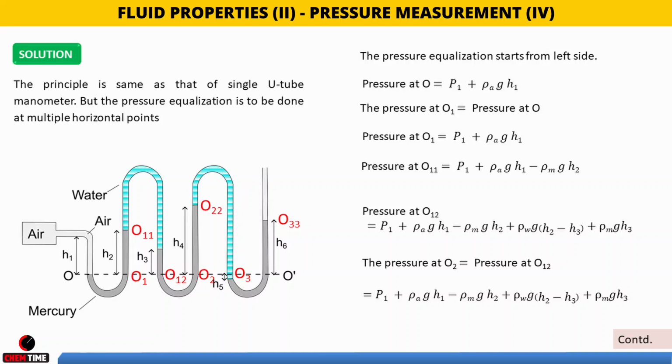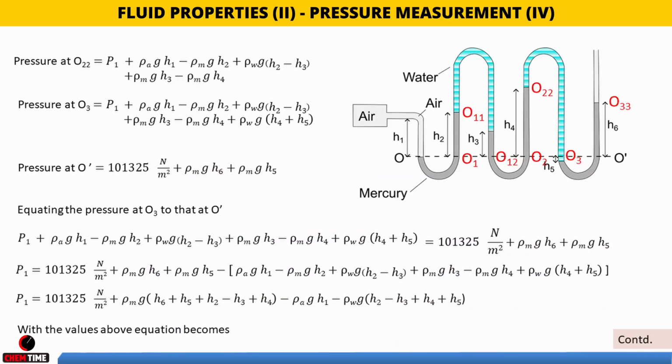Therefore, the pressure at O12 will be P1 plus rho A G H1 minus rho M G H2 plus rho W G (H2 minus H3) plus rho M G H3, which is also the pressure at O2. The pressure at O22 again is to be calculated as P1 plus rho A G H1 minus rho M G H2 plus rho W G (H2 minus H3) plus rho M G H3, that is the pressure at O2, minus rho M G H4.